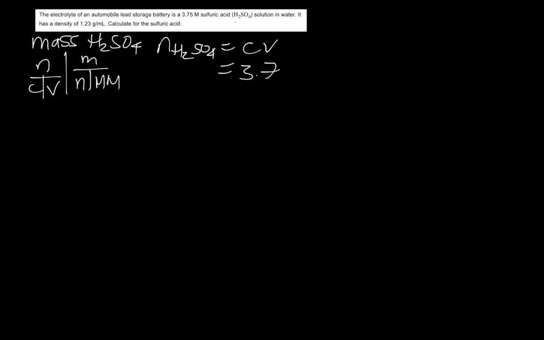So 3.75 molar times 1 liter gives us 3.75 moles of sulfuric acid.